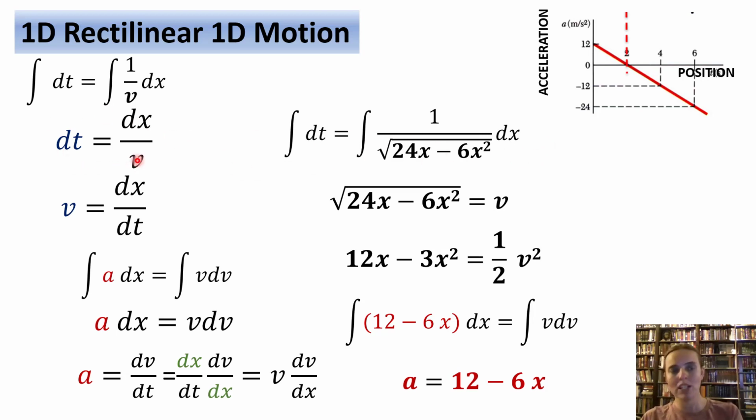You can rearrange these however you want, and depending on what relationships you are given, you can walk through and get other relationships. And it's kind of neat because the mathematical manipulations that you do here actually do correspond to how acceleration, velocities, and positions relate to one another.